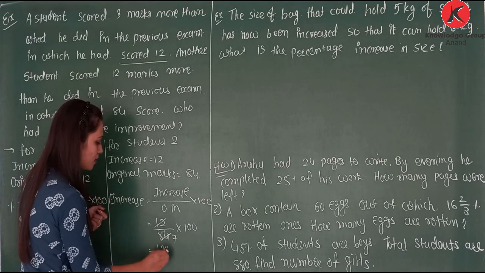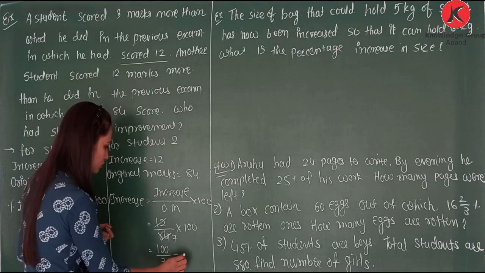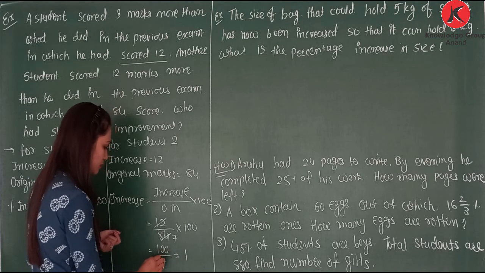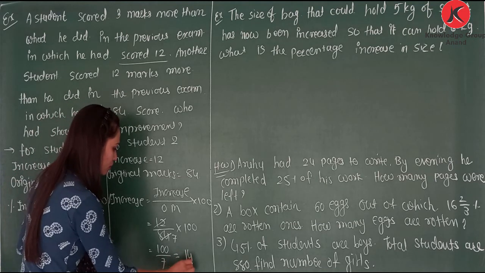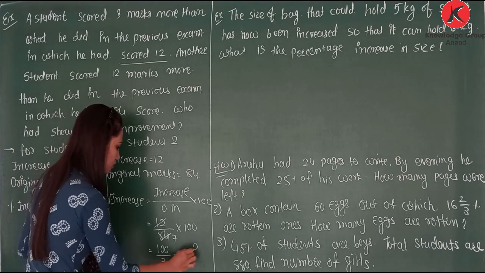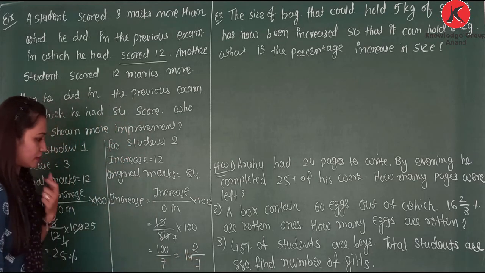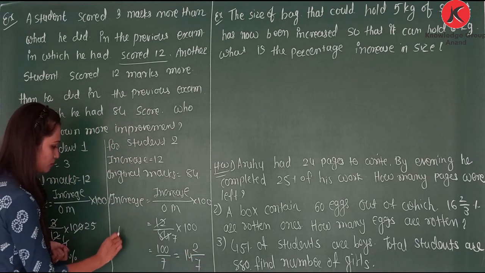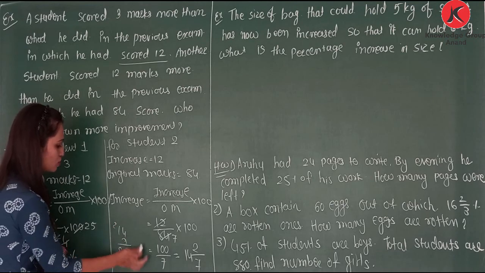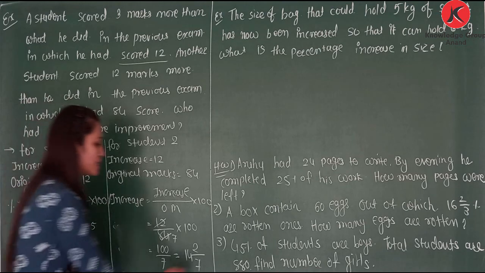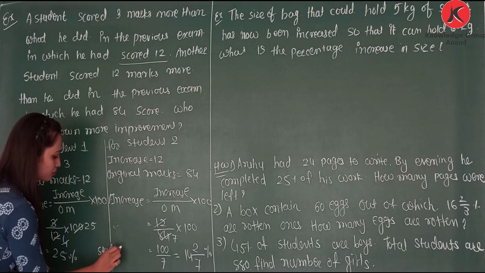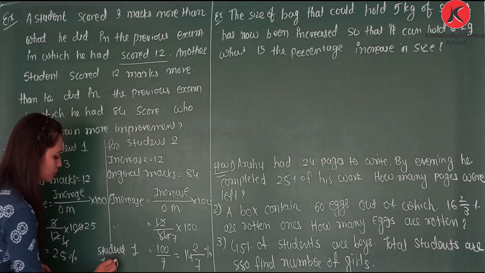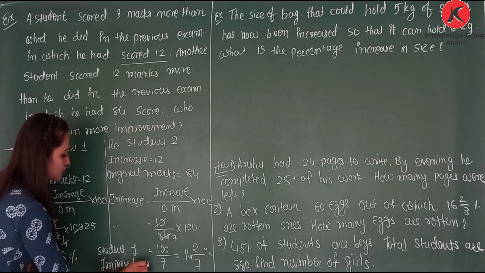So it is 100 by 7, so it is 14 2/7%. Now whose performance is better? Student 1 improved more. So we can write student 1 improved more.